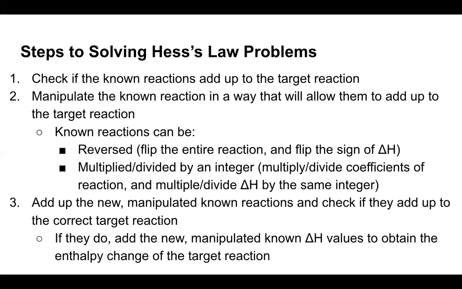Okay, so a really big important point here that I really want to emphasize is, you'll see on the screen, any manipulations you make to your known reactions to get them to add up to the target reaction, you have to make those same manipulations for their respective enthalpy changes to get those enthalpy changes to add up to the target reaction's enthalpy change. All right. So you always have to do the manipulations to both the actual reaction and to its associated enthalpy change.